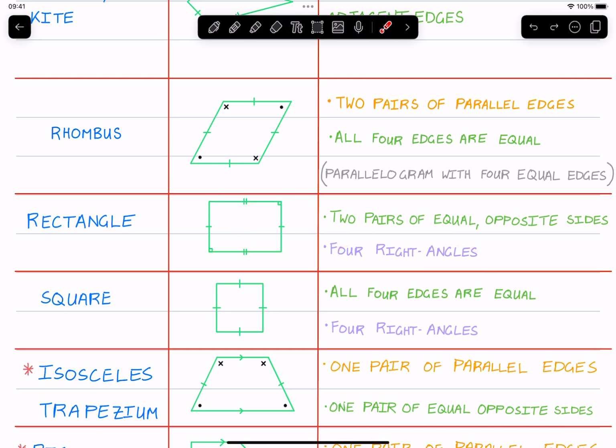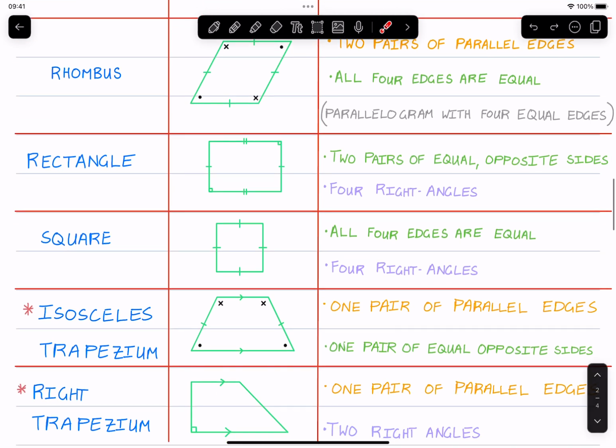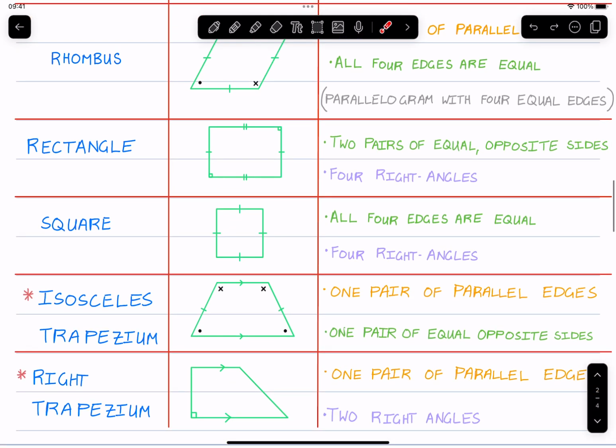But the other attribute of rectangles is that there must be four right angles. So 1, 2, 3, and 4. That is a rectangle. And I'm sure we all know what a square is. We just have four equal sides and four right angles.